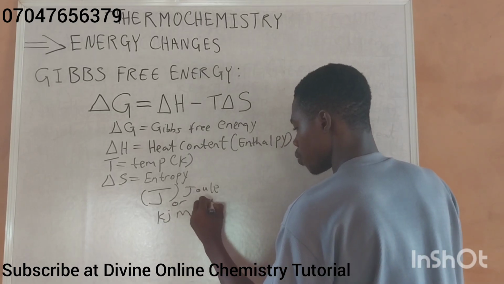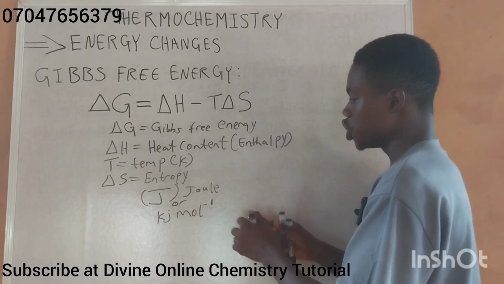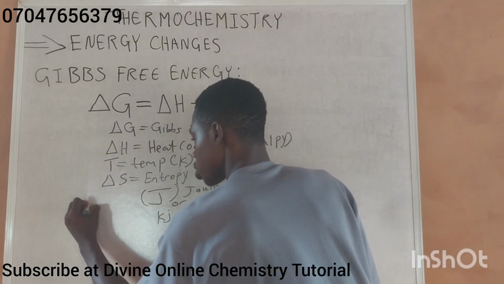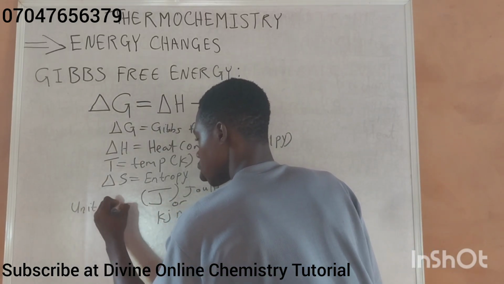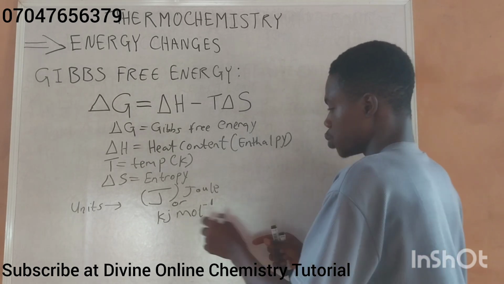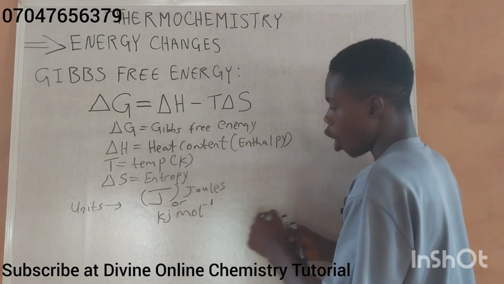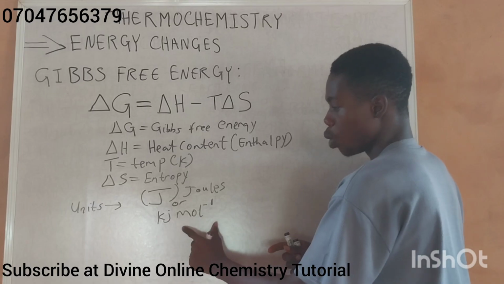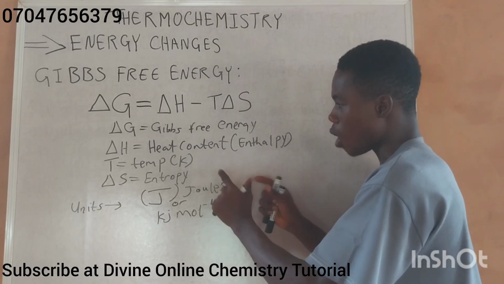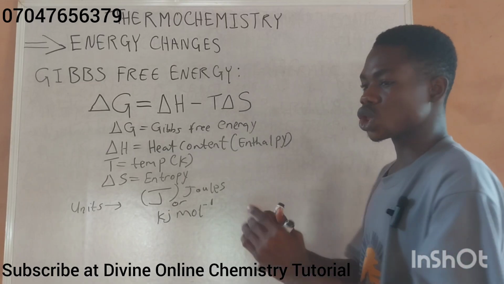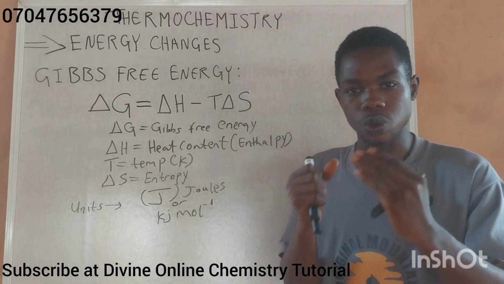So please take note of this. The unit of Gibbs free energy is joules, you add S to it, joules or kilojoules per mole. So please take note of these units for Gibbs free energy. With this, we have come to the end of today's lesson.